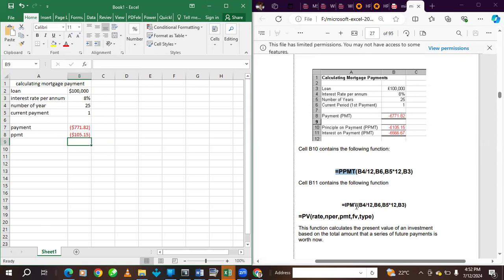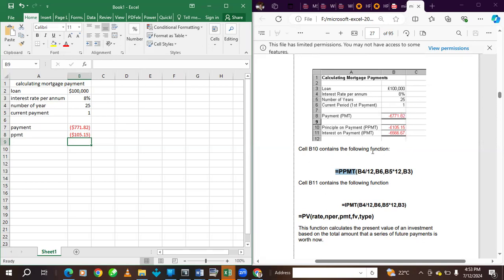But to find it, we can also use the formula that has been used here. The formula here was showing P4. When you look at P4, it's always the interest here. You divide by 12. Then we have P6, which was the current period of payment.